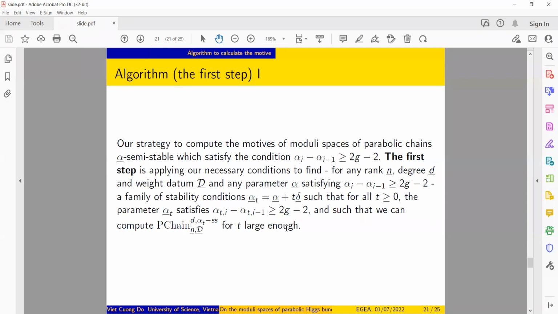So if t is large enough, you can calculate the class by using the formula. You can go back to alpha. I mean, when on the line, you know how to calculate one point, and the other points you can calculate via this point. Okay.